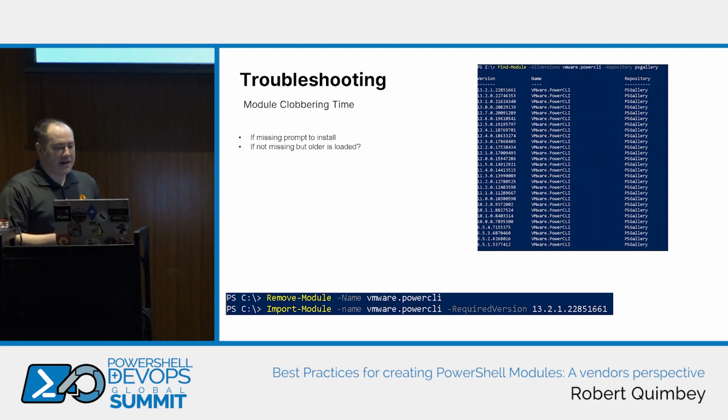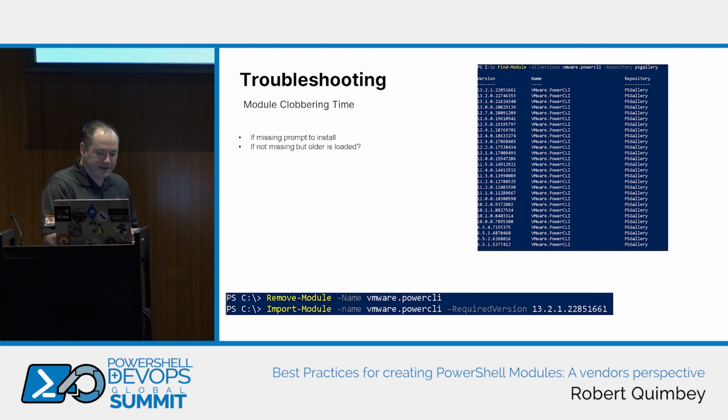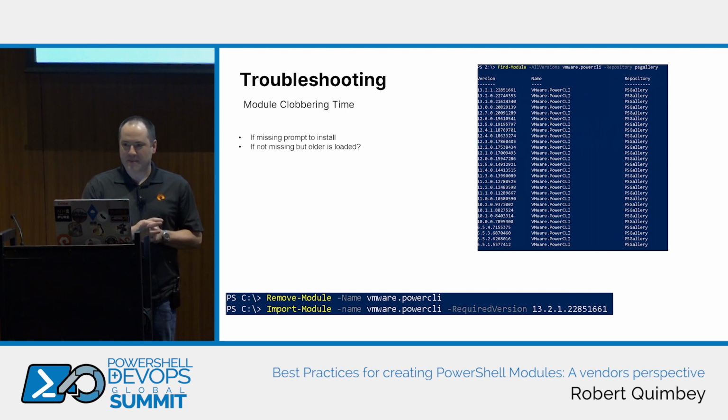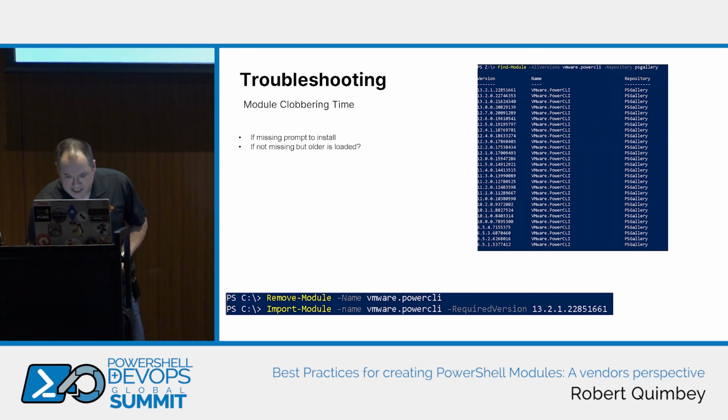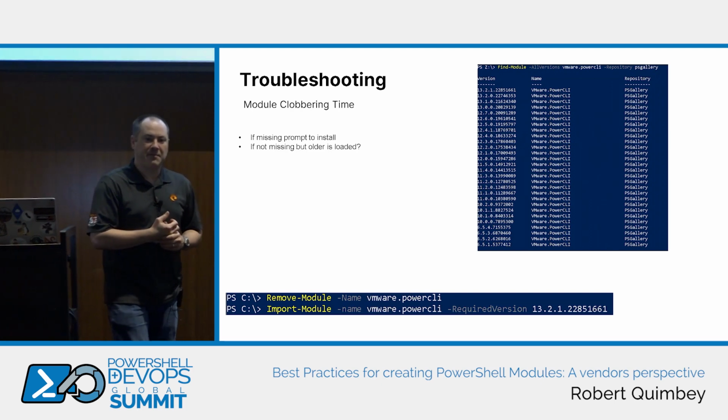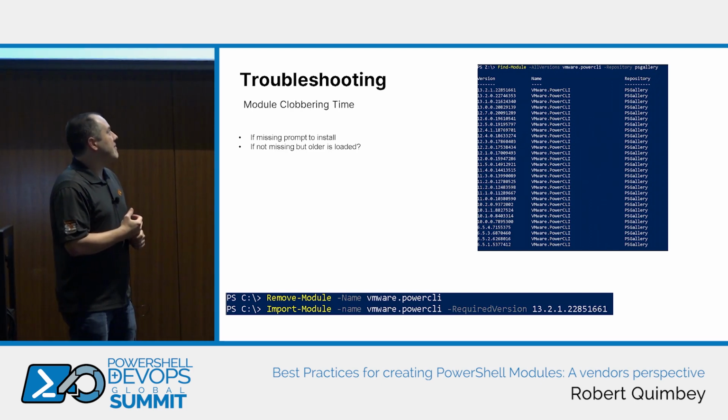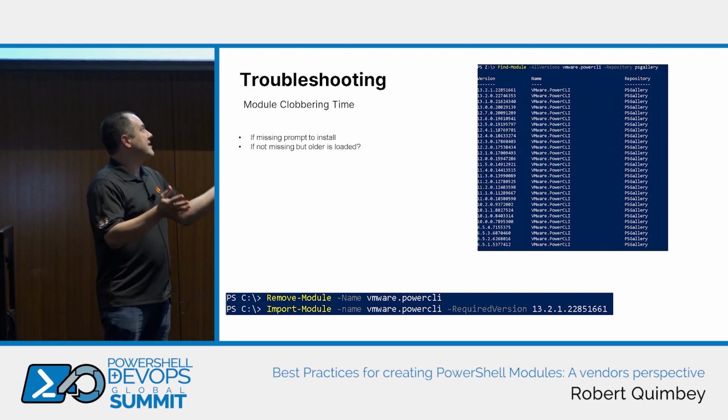A little bit of troubleshooting pain points and problems that we've had. This is an example command of: show me all the available active and listed versions of PowerCLI in the PS Gallery right now. And it goes all the way back to 6.5, all the way to one that's a couple of days old. And does this matter?